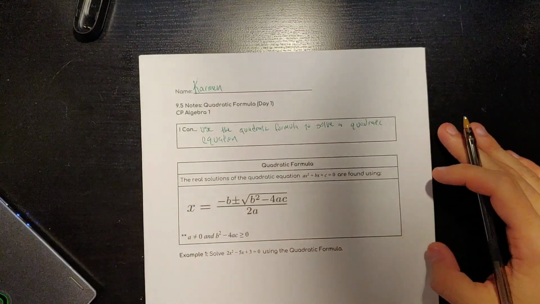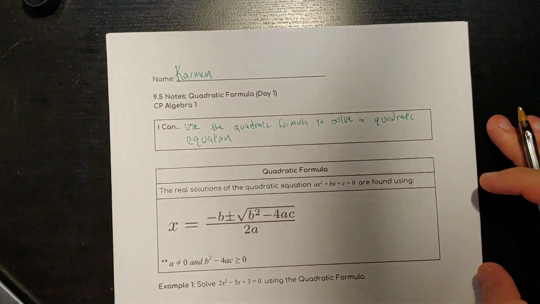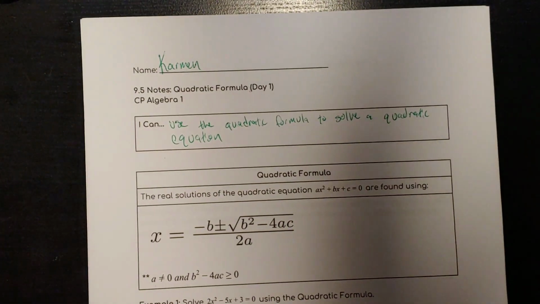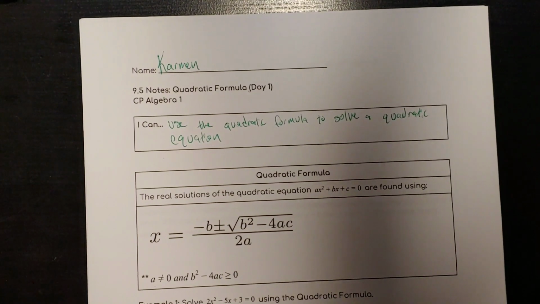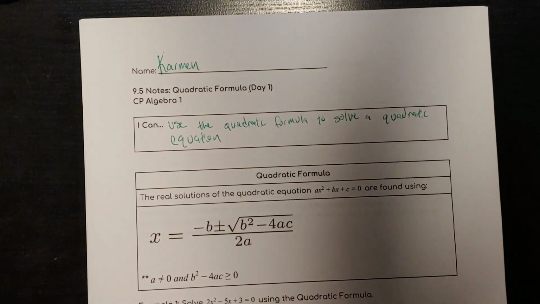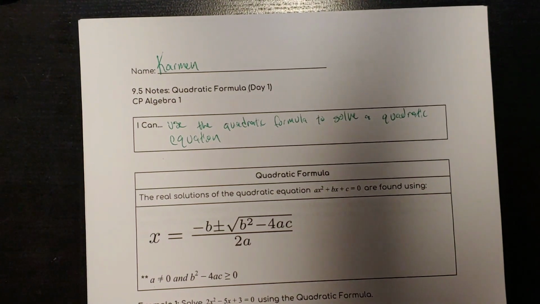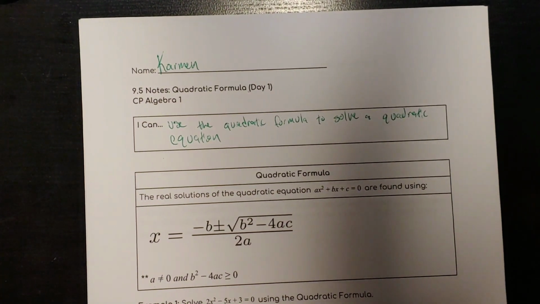Okay, and so with our quadratic formula, we can solve any and all quadratic equations that are thrown at us. No using the X method, no using guess and check. We can just straight up figure out what solutions x might equal.